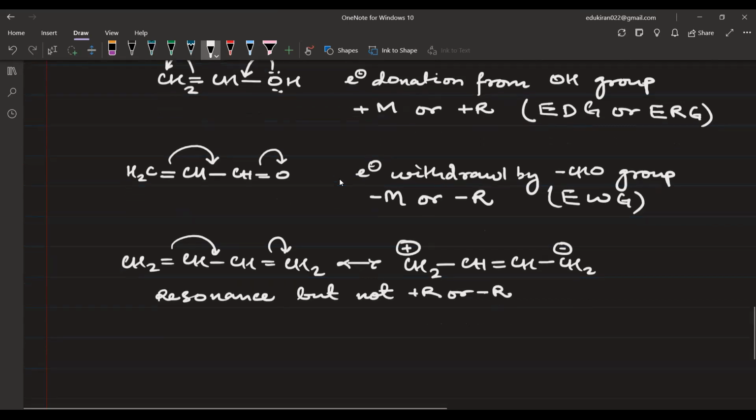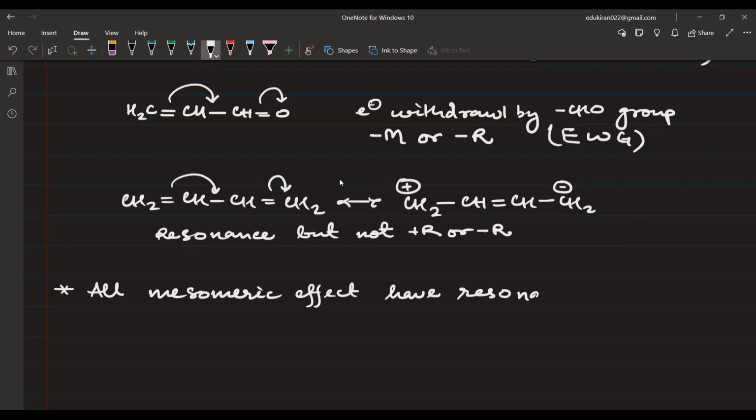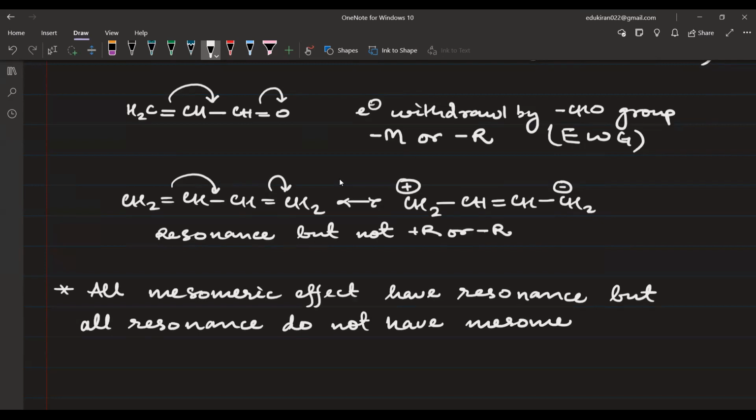Okay, so please write: all mesomeric effect have resonance, but all resonance do not have mesomeric effect.